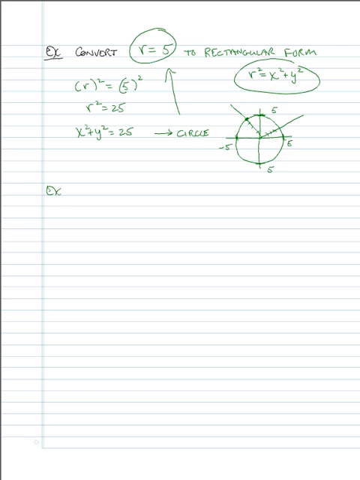What about, let's see, let's convert theta is equal to 45 degrees to rectangular form. Oh, well now this is another issue altogether, isn't it? We need to create x's and y's. And here's what I'm thinking.